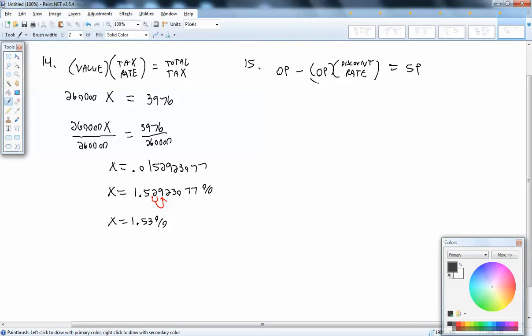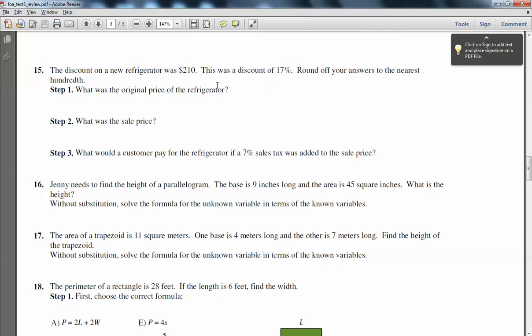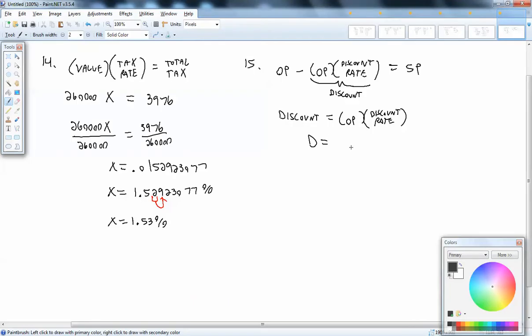Another name for the original price times the discount rate is our discount. I could break that off separately and say the discount is equal to the original price times the discount rate.